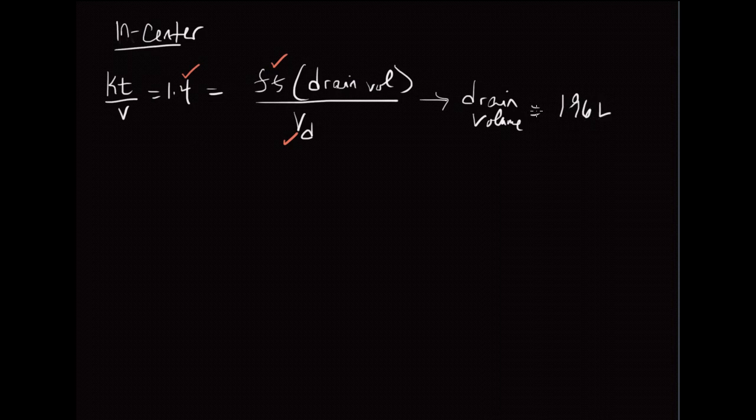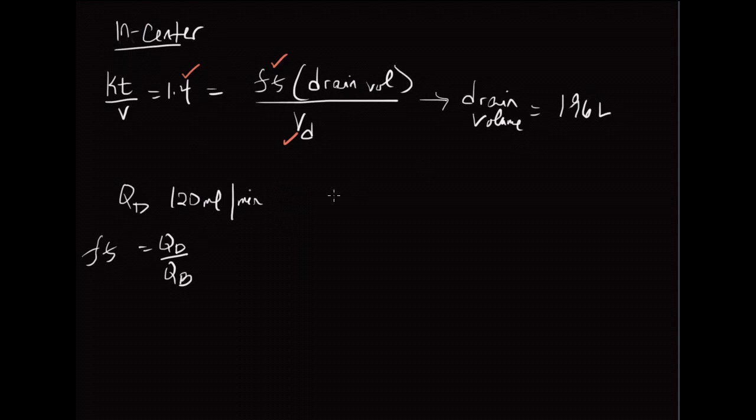Okay, so we have a drain volume of 196 liters, and that drain volume is primarily the dialysate. We are not counting ultrafiltration for the sake of simplicity. We know that the dialysate flow rate is 120 mLs per minute because we set our filtration fraction at 30% and we set our blood flow rate at 400 mLs per minute, and the filtration fraction is just a ratio of these two flow rates.